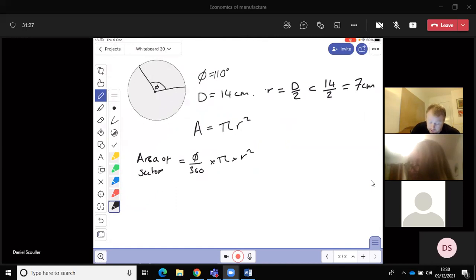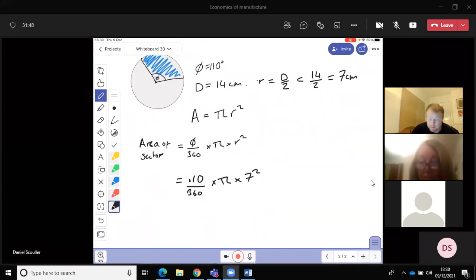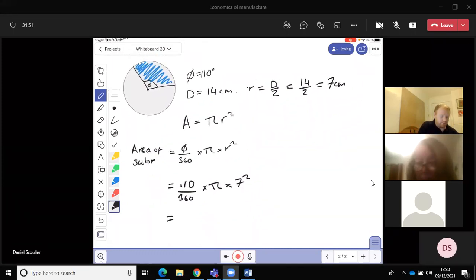Okay, area of sector, let's go through that. We're trying to find the area of this sector in here. 110, that angle, divided by 360, multiplied by pi, multiplied by r, which is 7, squared. Let's just keep it in the calculator right now. 110 divided by 360 multiplied by pi multiplied by 7 squared.